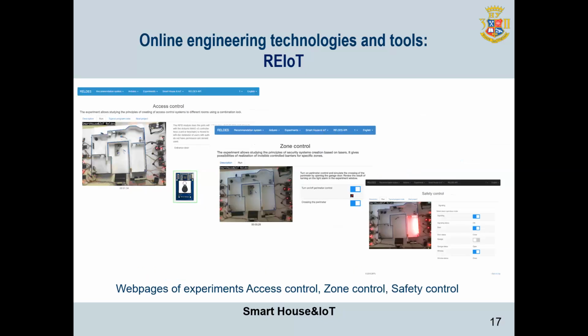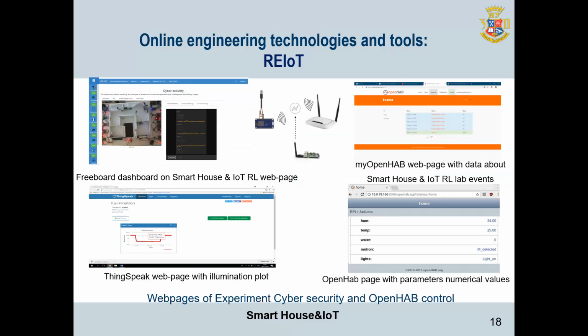To study safety and security issues, several experiments were implemented to monitor access to controlled areas and facilities. Cybersecurity is one of the remote laboratory's experiments that offers opportunities to study wireless, cloud, and mobile technologies, as well as IoT services usage.